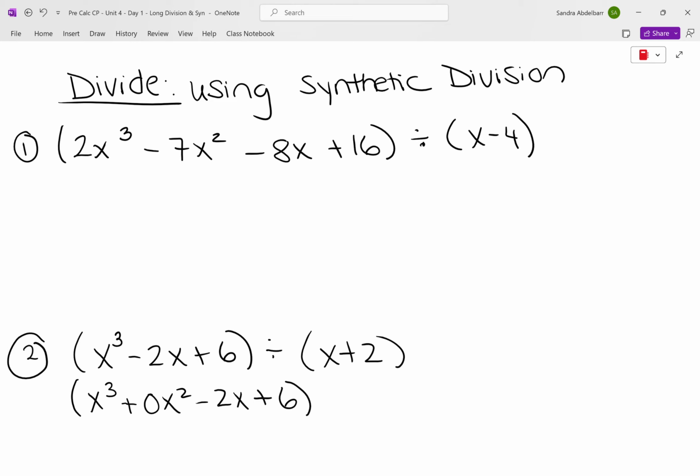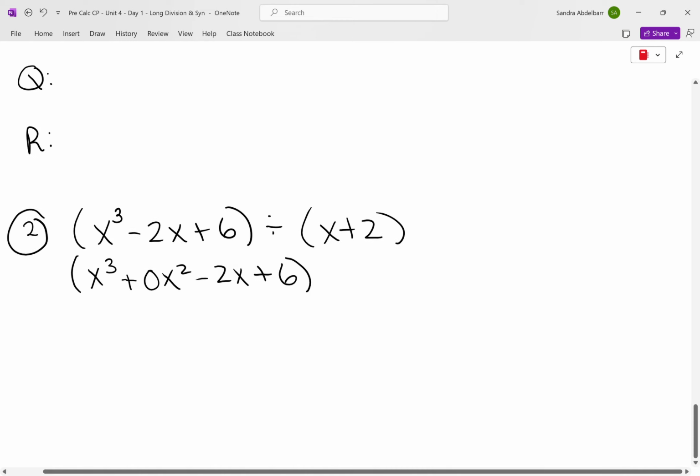So for the coefficient, it's 0, exactly. So for both of them, we want Q and R.